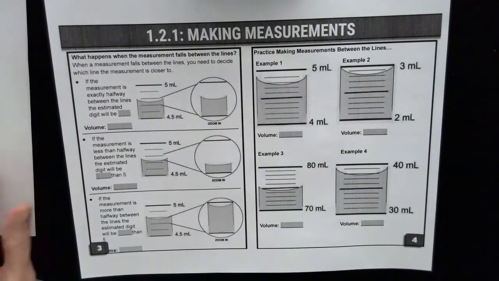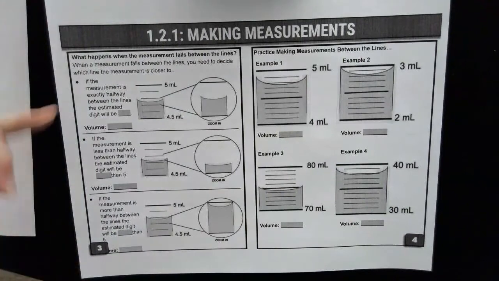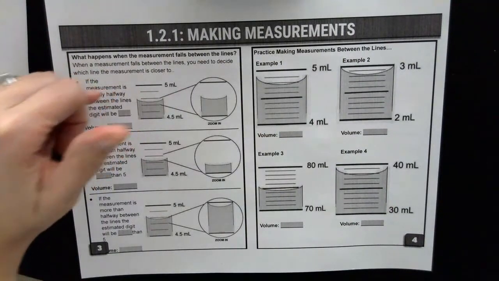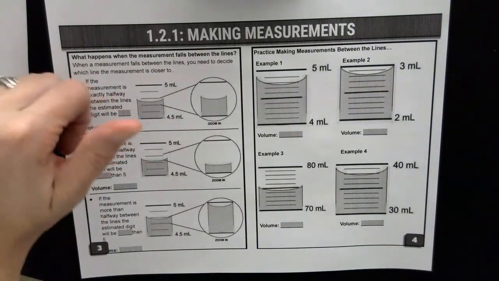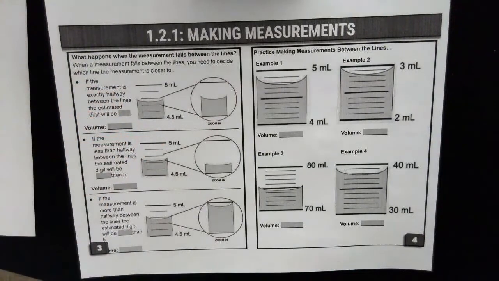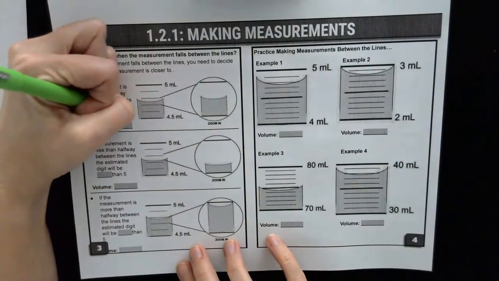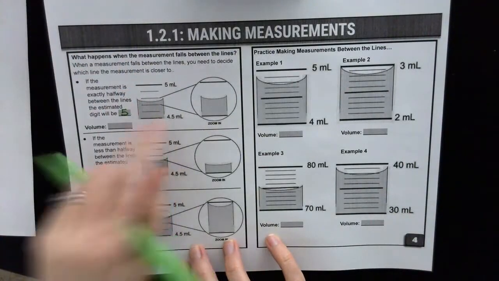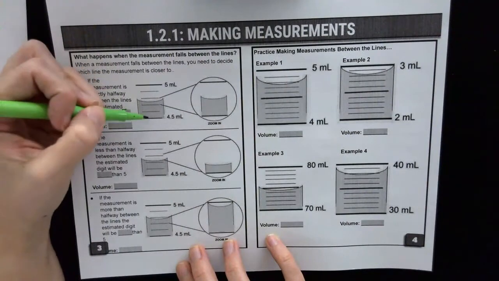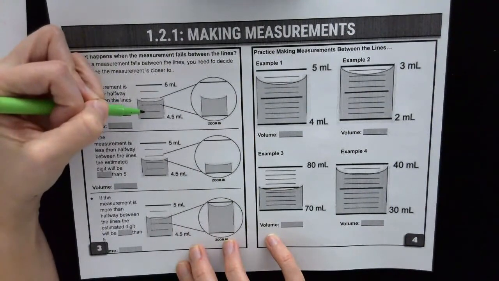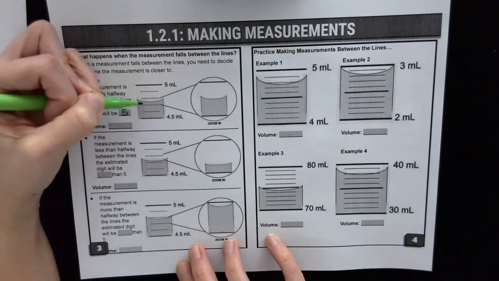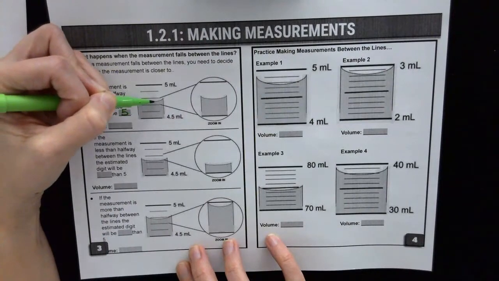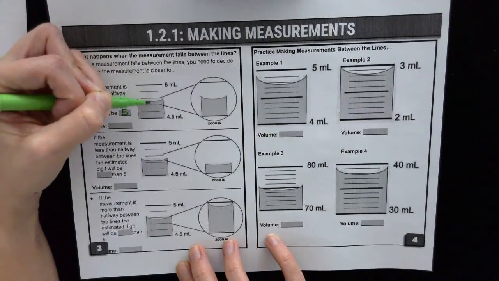All right. So when we have to do estimating, let's talk about how we estimate. If the measurement is exactly halfway between the lines, the estimated digit is going to be 5. So if we look over here, I've got my 5 milliliter over here, so this is 4.6, 4.7, and then I see that this is exactly halfway between these two lines.